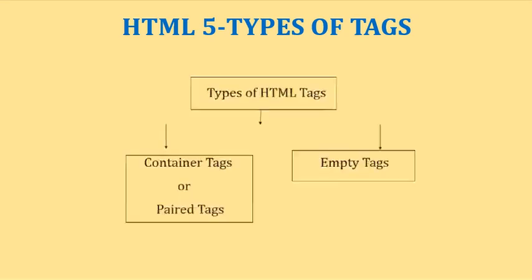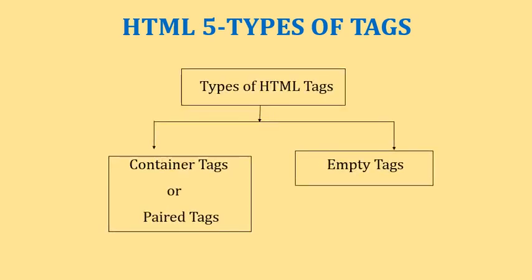There are two types of tags: container tags, also called pair tags, and the next one is empty tags. So what are container tags or pair tags? The tags which we use for beginning and closing ending are called container tags. For example, body tag, HTML tag, head tag, these are called container tags. And now let us look at empty tags.